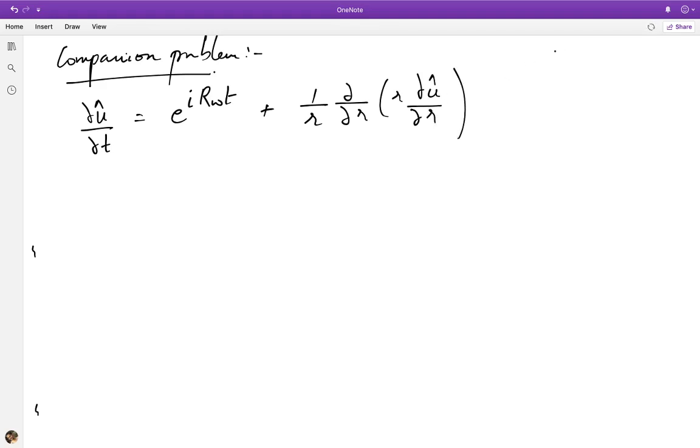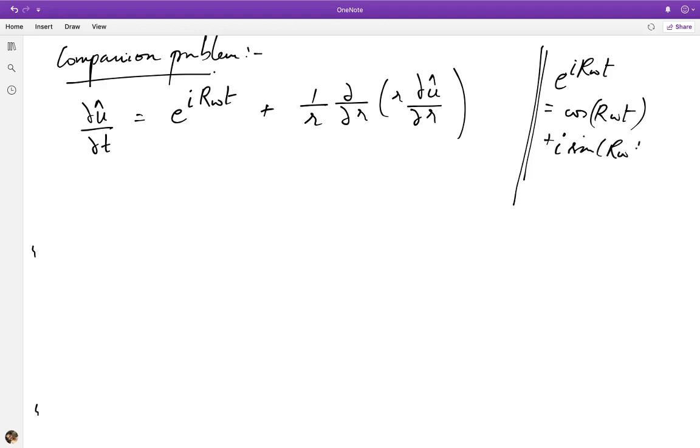Okay, and the motivation for this comes from Euler's identity, one of the most profound and beautiful formulas in mathematics. So you see that the exponential contains in it both the cosine and the sine responses, right?